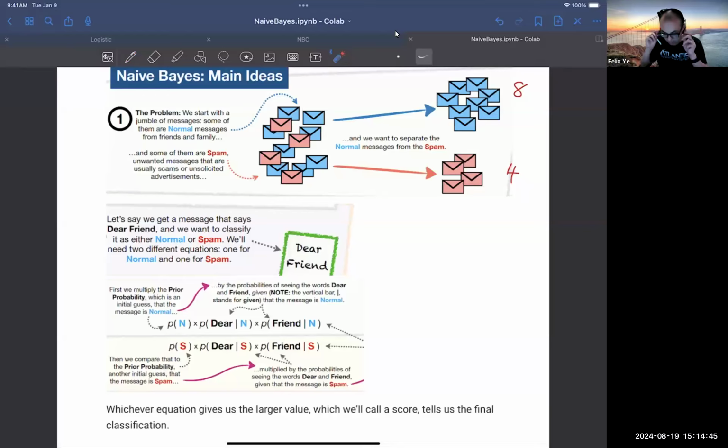So the question is, if we get a message just starting with "Dear Friend," do we classify it as normal or spam?